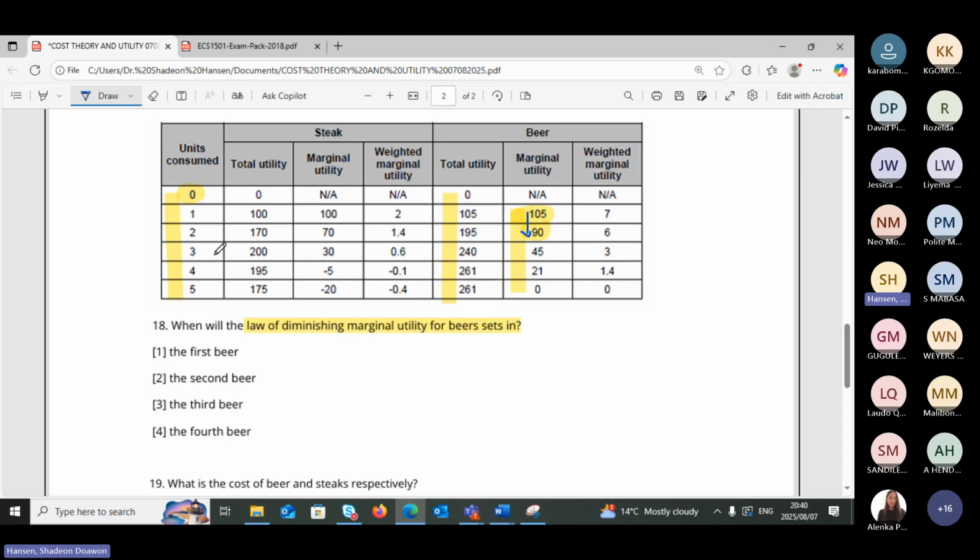You see what happens when he increases his consumption from one beer to two beers: his marginal utility began to decline. So our answer, when will the law of diminishing marginal utility for beer set in, is number 2, the second beer.